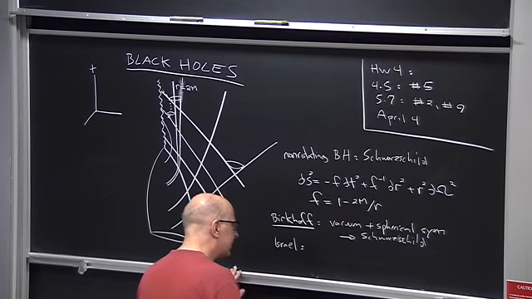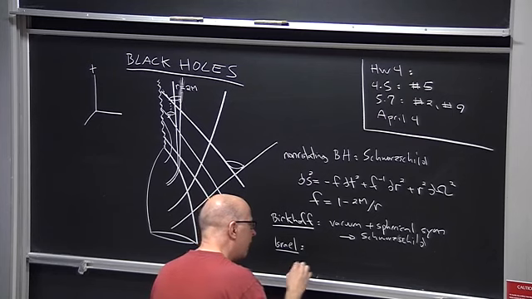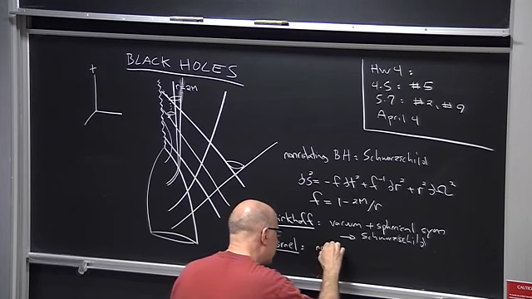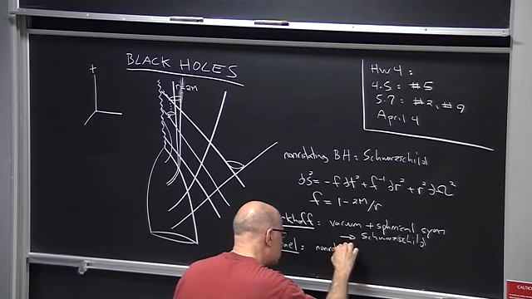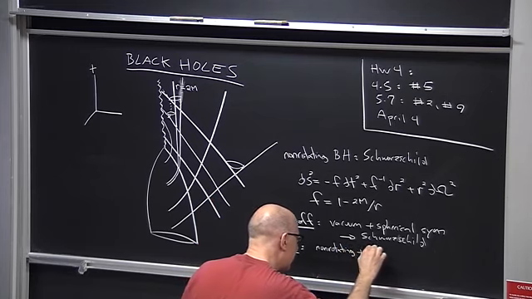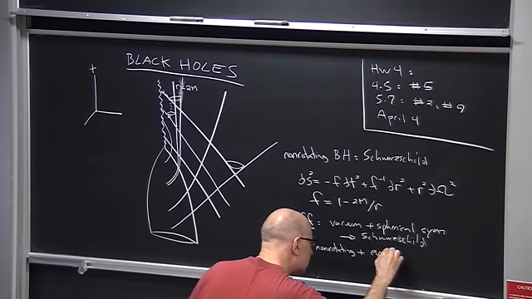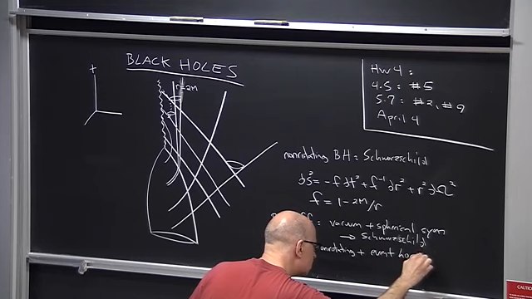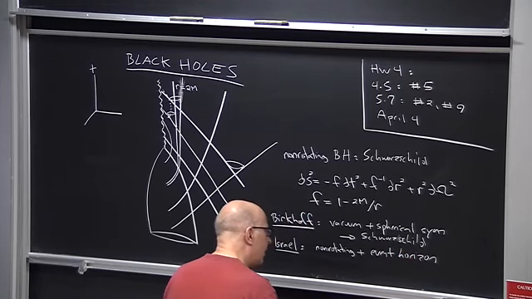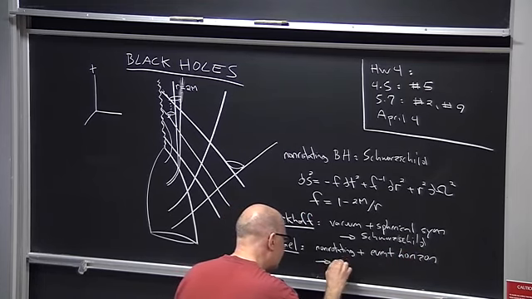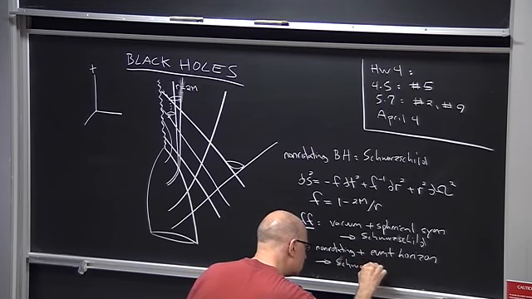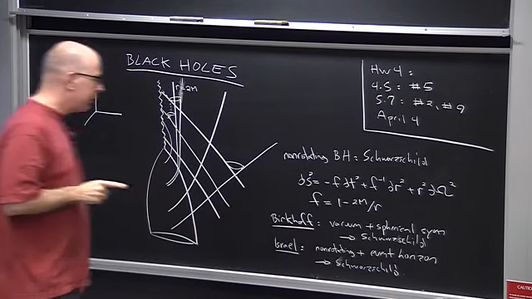That goes back to the late 60s, and it says that if you have a non-rotating object plus an event horizon, then the result is again Schwarzschild. That statement is very different.